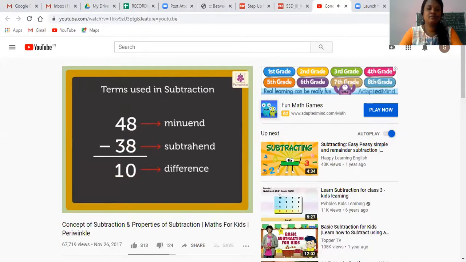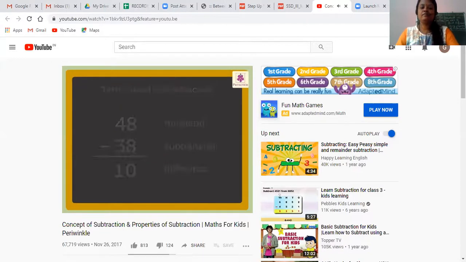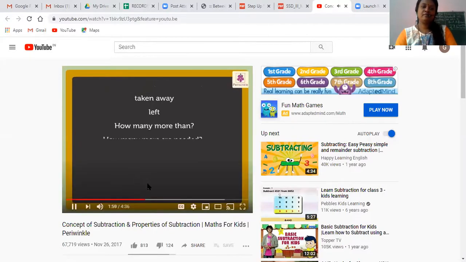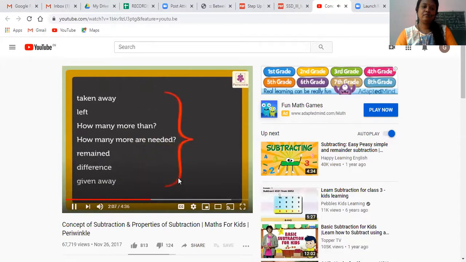In the example just solved, 48 is the minuend, 38 is the subtrahend, and 10 is the difference. Remember, taken away, left, how many more than, how many more are needed, remained, difference, or given away are different terminologies that imply subtraction.